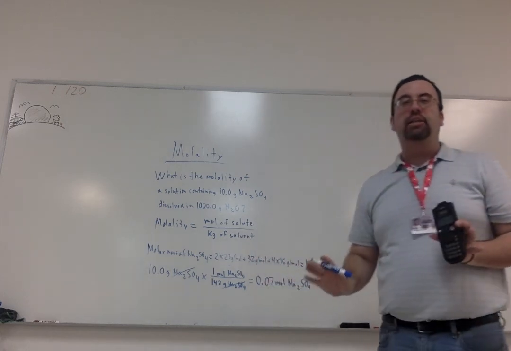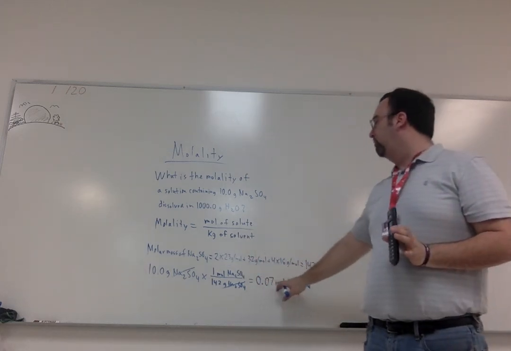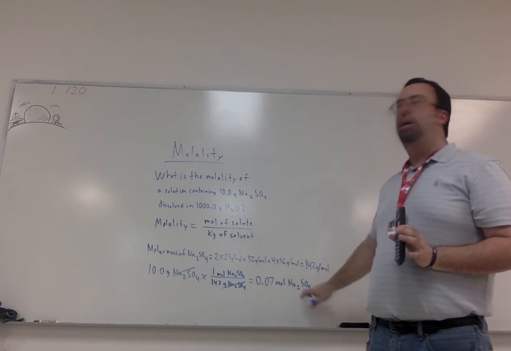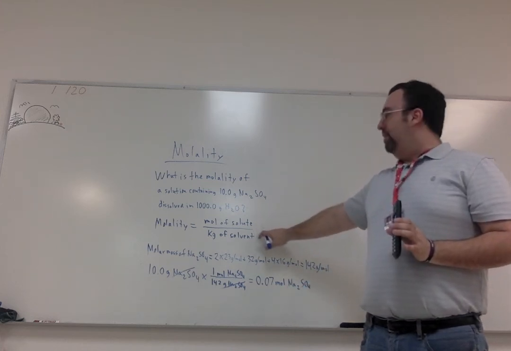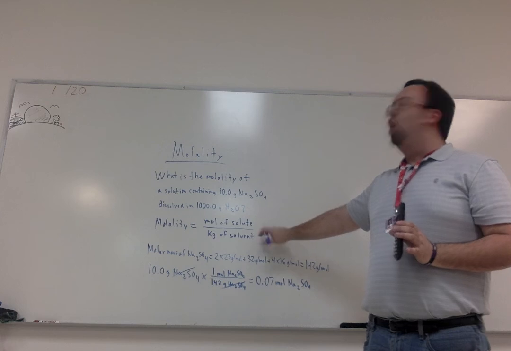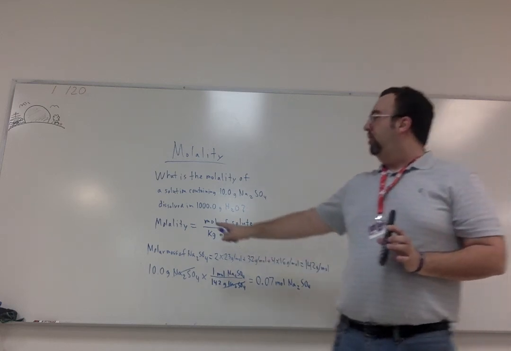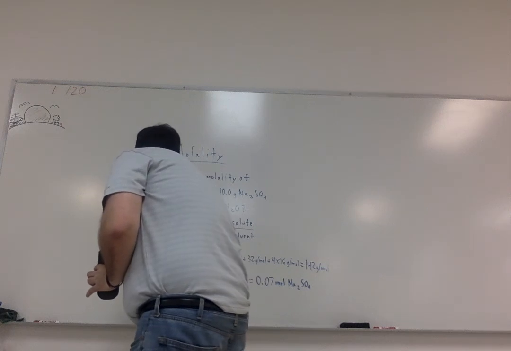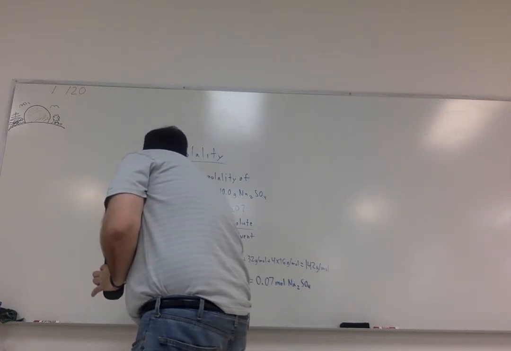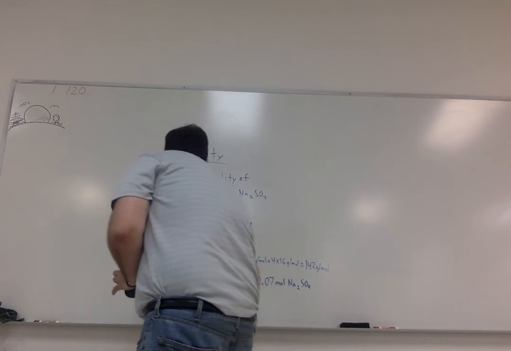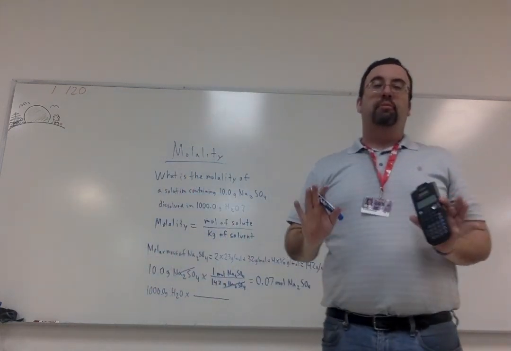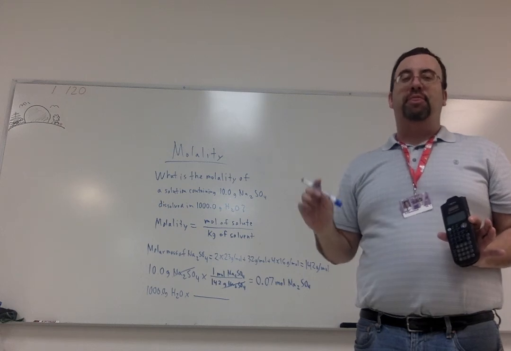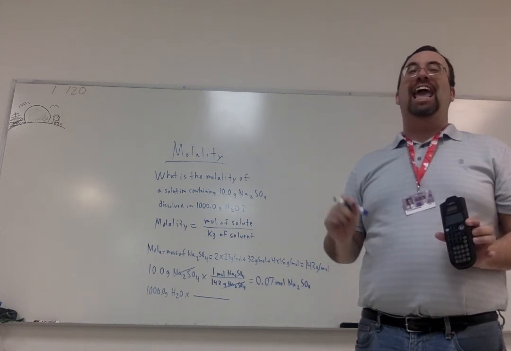All right, so we calculated now, we have 0.07 mole of our solute. We have that number. Now we need to calculate the kilogram of solvent. Notice, however, we have 1,000 grams of water. We remember from last semester that there's 1,000 grams in a kilogram.